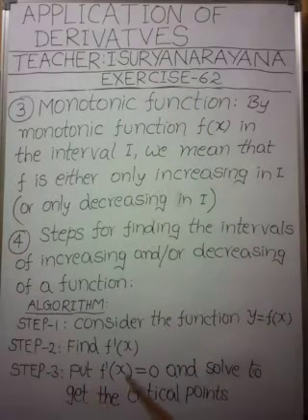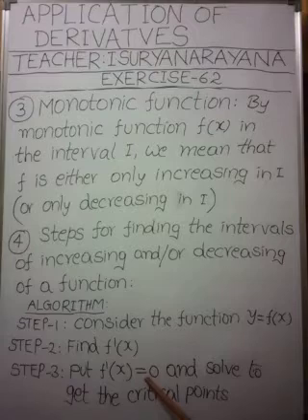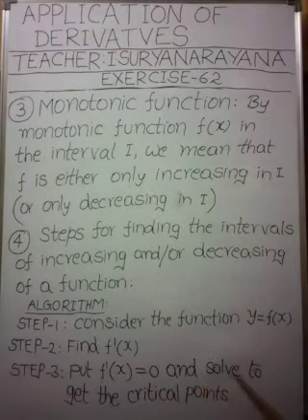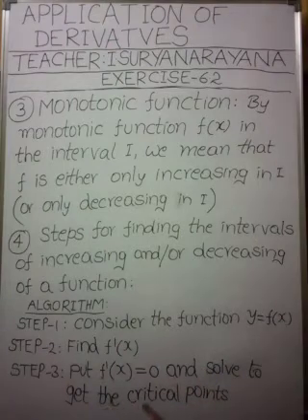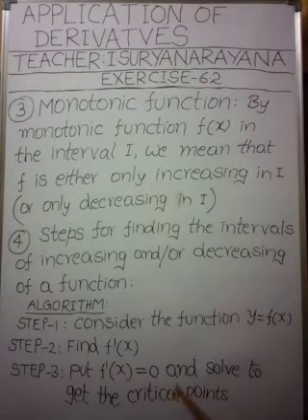Put f dash of x is equal to 0. Means we have to write this equation. They don't give this equation. We have to write this equation and solve it to get the critical points. After solving this equation, you get some values for x. Isn't it or not, my children? Yes.